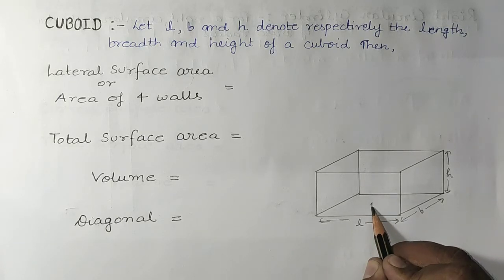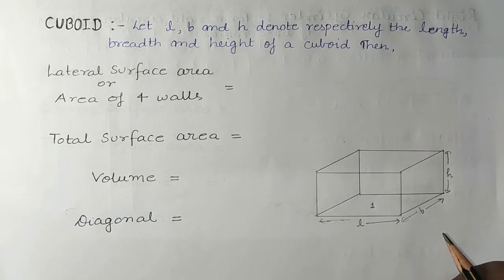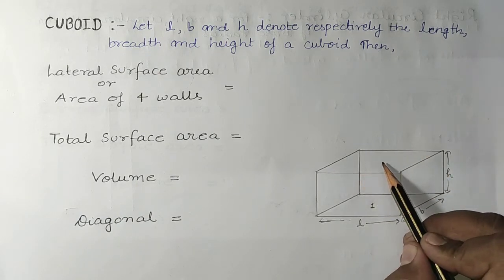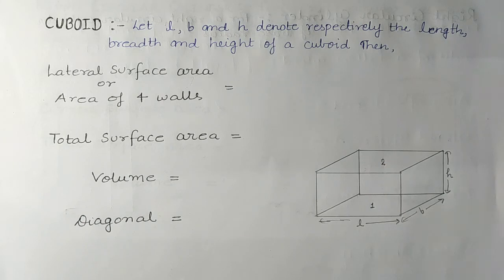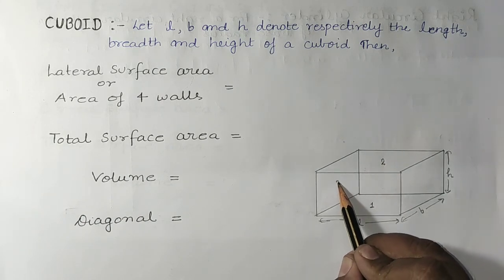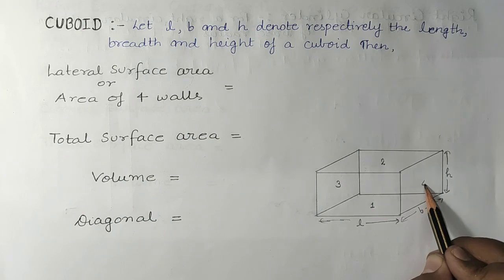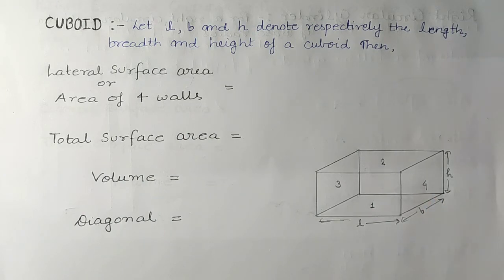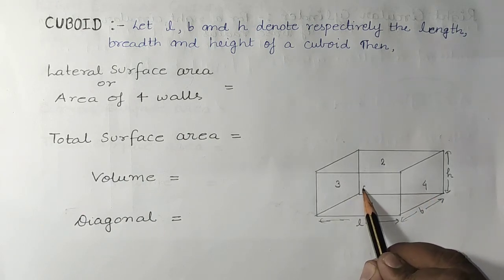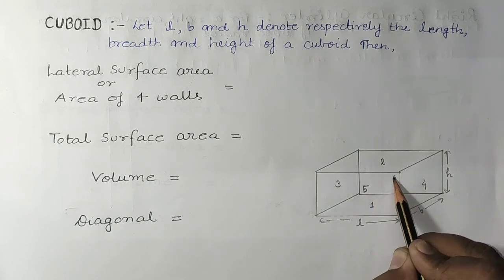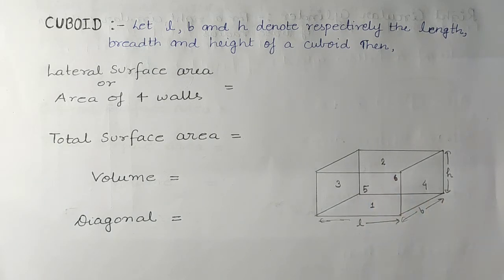One is its floor, or base, one is its top, third and fourth are its side walls, fifth is its front wall, and the sixth is the wall behind the front wall. All these are the 6 surfaces of a cuboid, but here all the surfaces are in the form of rectangles.